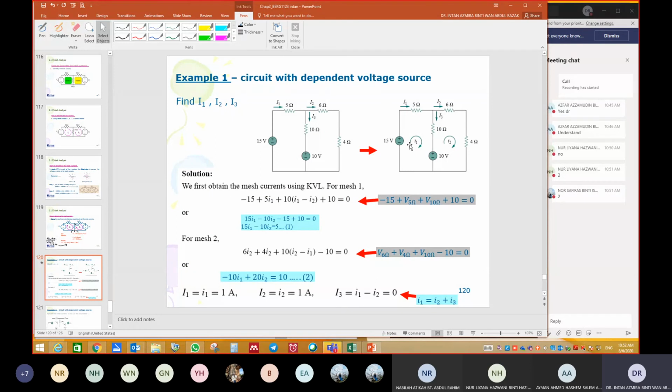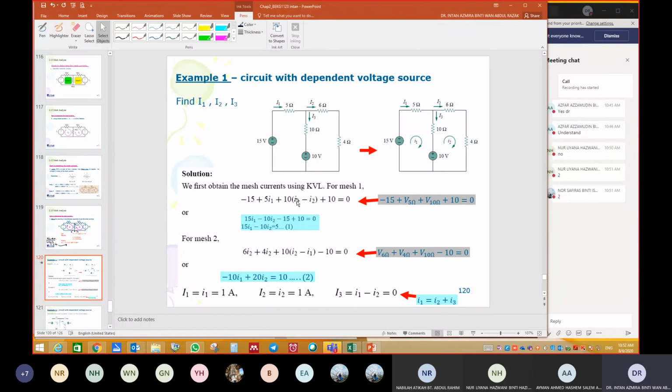First, we write the KVL equation in loop 1. Let's start with the supply voltage. Minus 15 and then plus 5 I1, and then plus 10 times I1 minus I2.